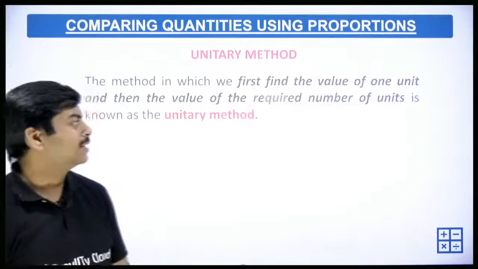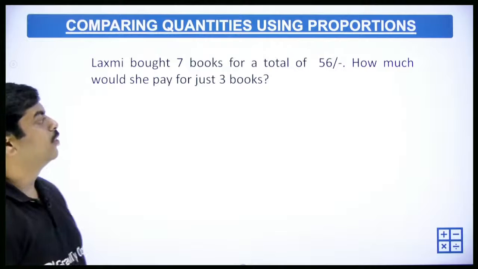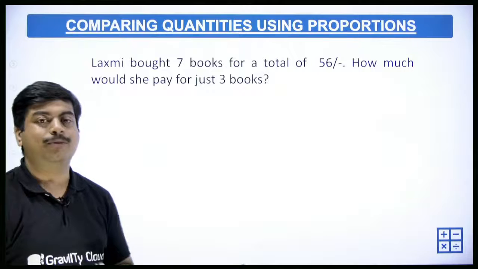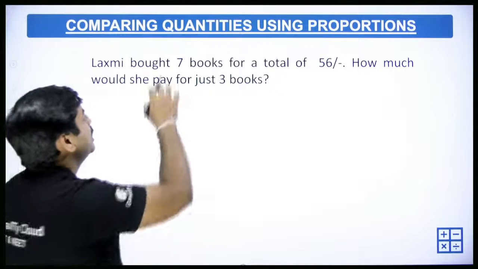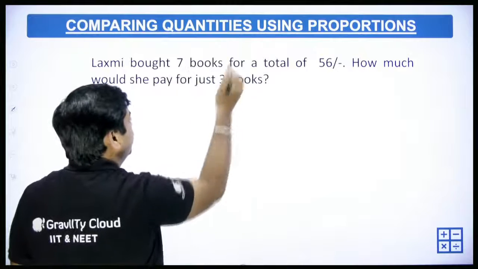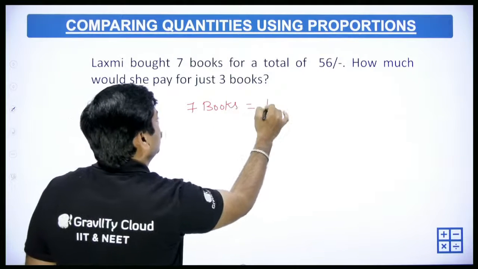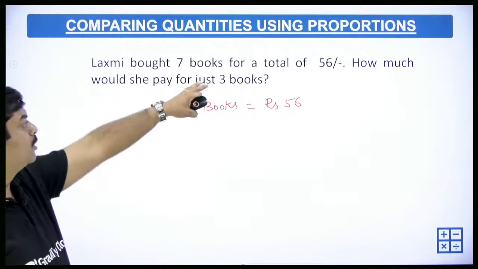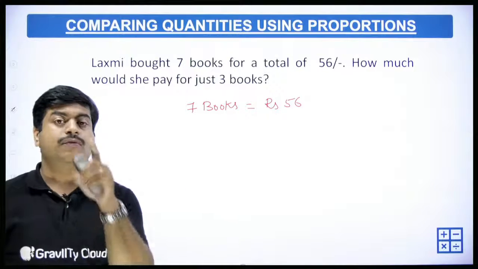Let's try to discuss some applications on this one. Lakshmi bought 7 books for a total of 56 rupees. How much would she pay for just 3 books? Good question, right? Instead of directly going to 3 books, let me find the cost of 1 book.